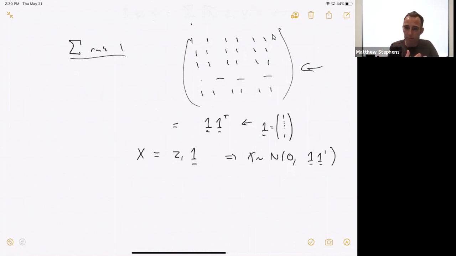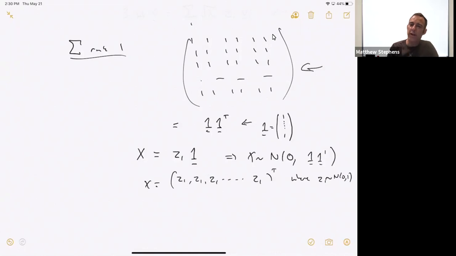It's a random standard normal, times that vector that goes in the direction where it's all equal. So X is equal to Z1, Z1, Z1, and so on. All its entries are equal, where Z1 is normal 0, 1.